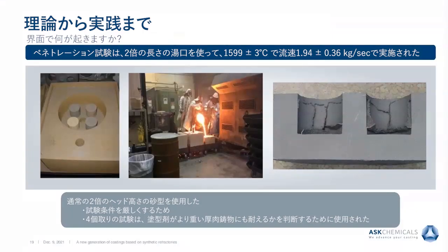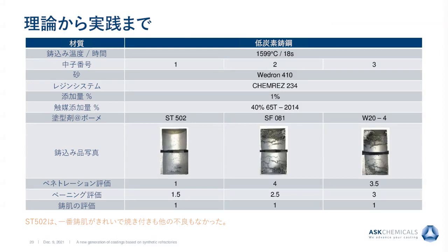After that, these dried cores are inserted in a so-called 2x2 mold, which shows a relatively high metal to sand ratio so that we can adapt the situation like you have in the foundry. Then this mold was poured at 1600 degrees with a flow rate of about 2 kilograms per second. And the castings have been sectioned and ranked.